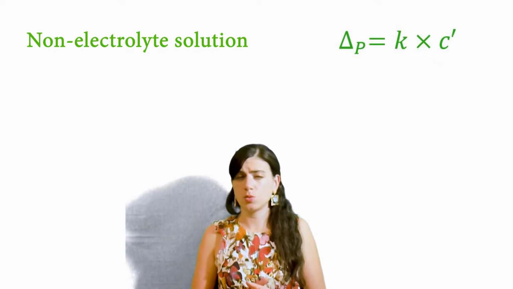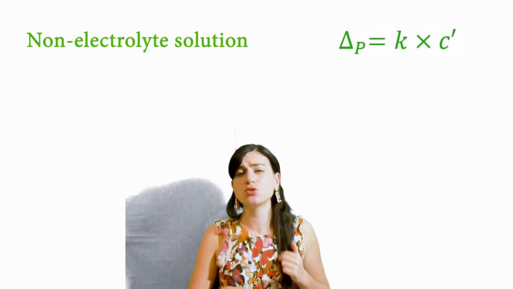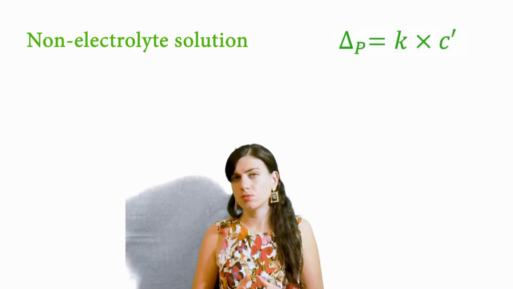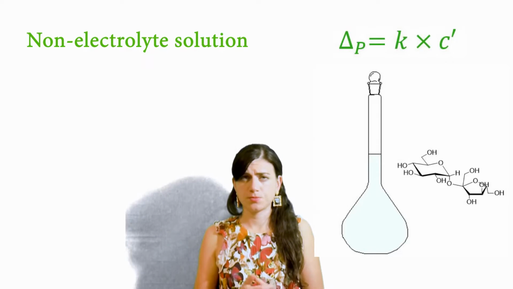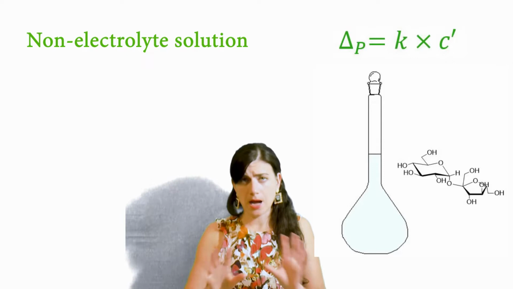For more details, you can watch my previous video about solutions and concentration. But just to clarify, a non-electrolyte solution is, for instance, water plus sucrose. Okay? So, non-electrolyte solution, no ions.